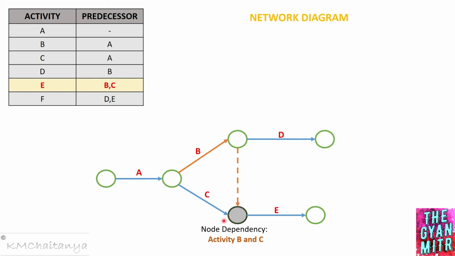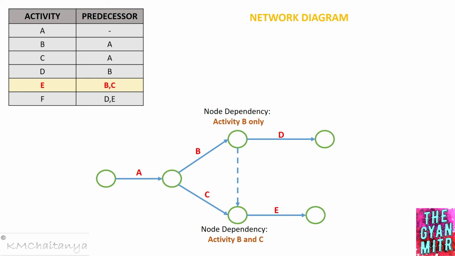So there are two activities coming onto this node, activity B and activity C. In general, at the top node we only have activity B, and at the bottom node we have activity B and activity C. Be careful. You can even look at the table mentioned over here and compare it with the predecessor relations for these two activities, right?